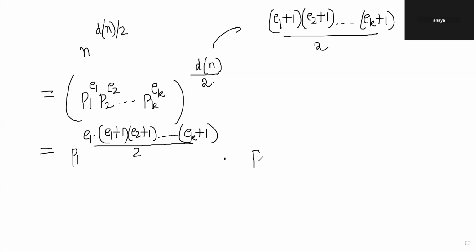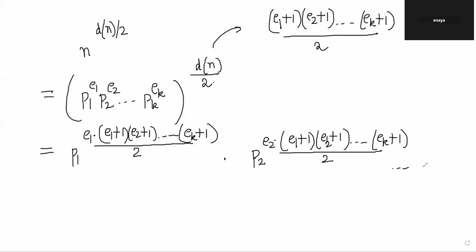And similarly p2 power e2 times the same thing, and like this, right? Yeah. Why is this the product of the divisors of the number? That's what you have to think of.